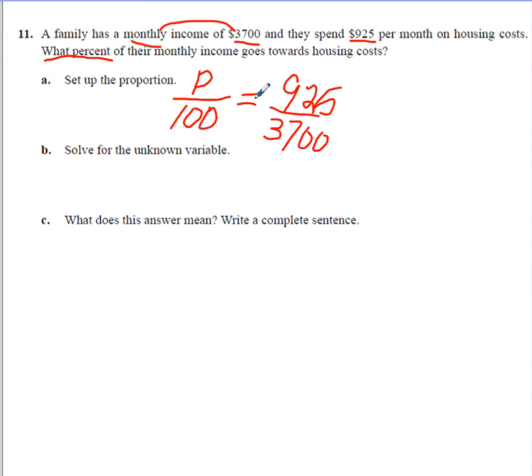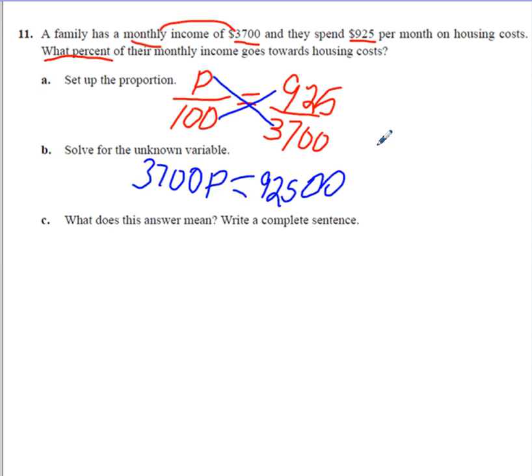So solving this, we have our P across from 3,700 and our 100 times 925. So we have 3,700 P equals, and multiplying by 100 makes it easy, so we can just put our 925 with 2 zeros to show that multiplication.